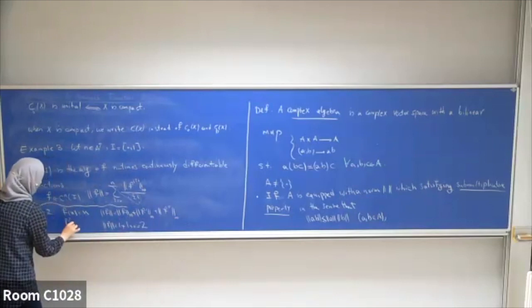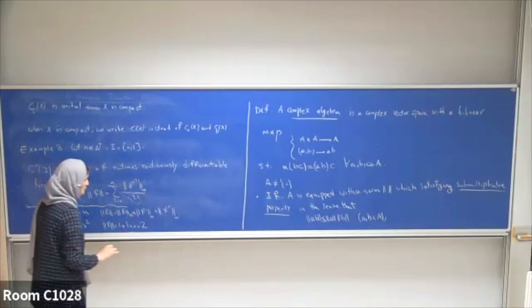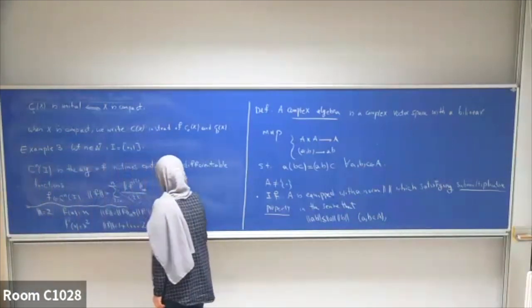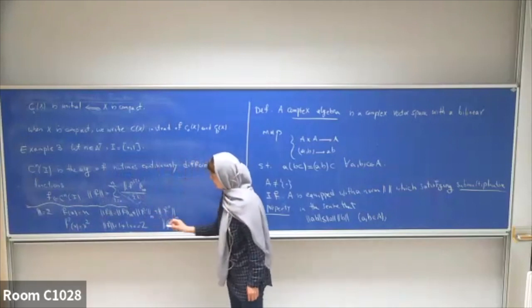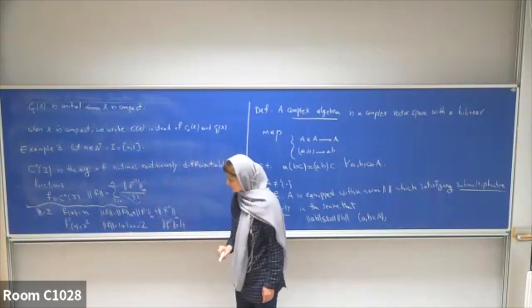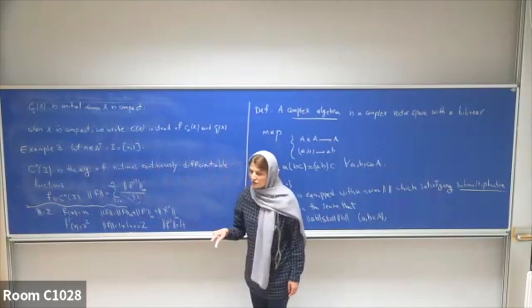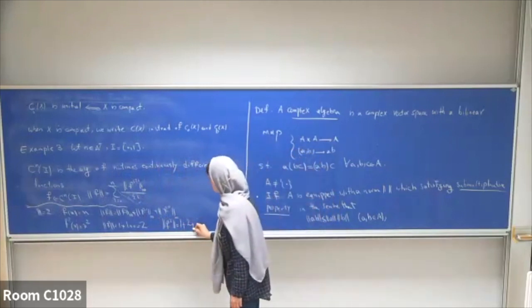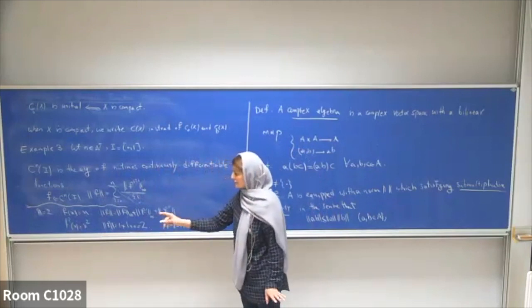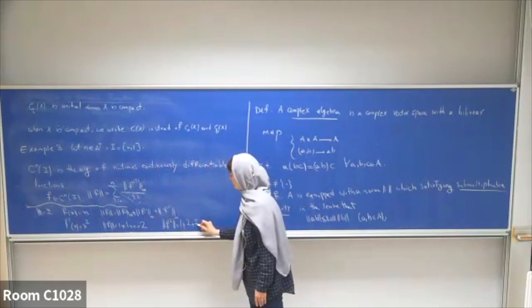And for f squared, x to the power 2, the supremum norm is 1, the supremum of the first derivative is 2, and the second derivative is the constant function 2, again 2.